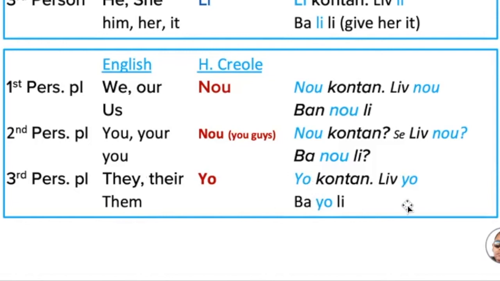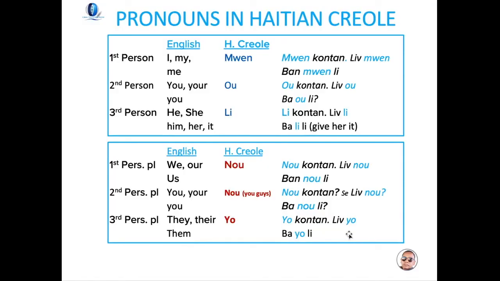All right, summary. A final review. First person, singular. Mwen content, livre mwen, ban mwen li. Plural, nou content, livre nou, ba nou li. Second person, ou content, livre ou, ba ou li.